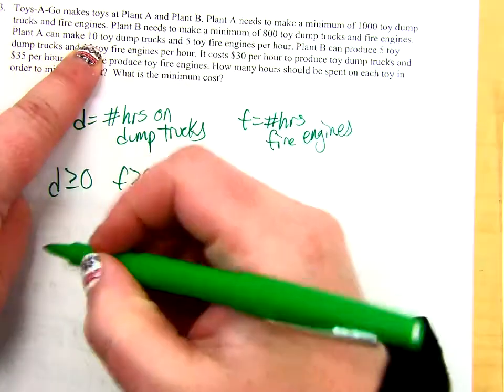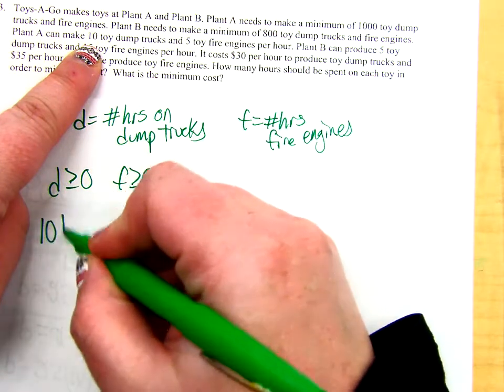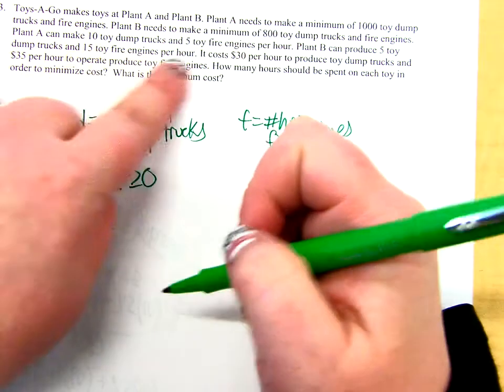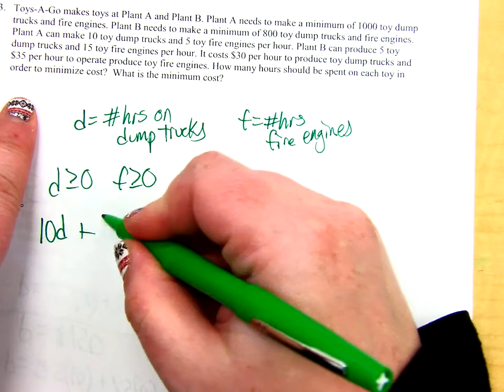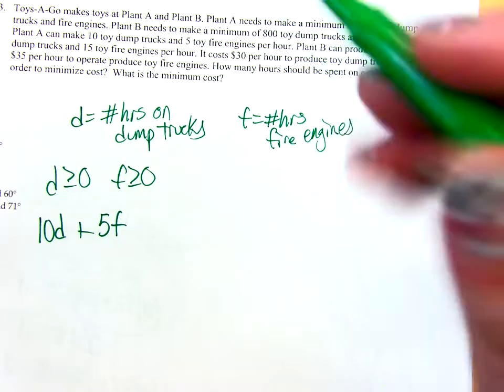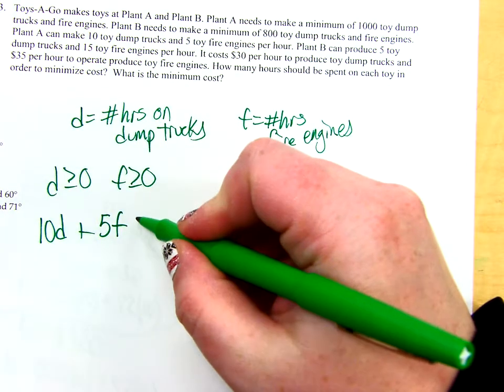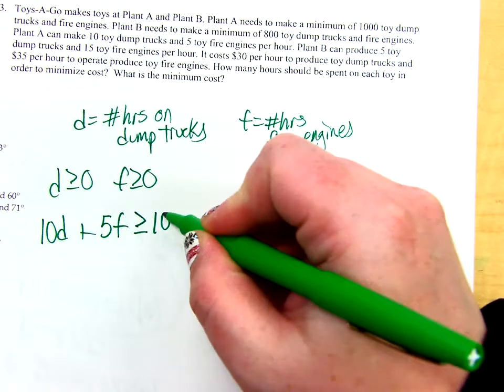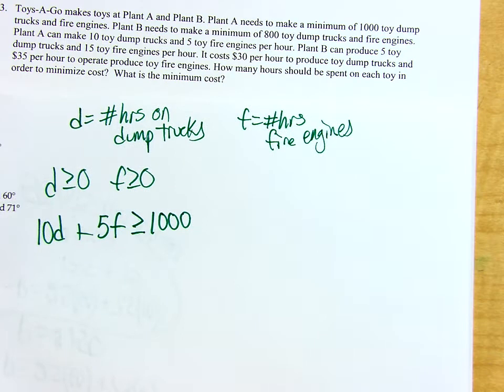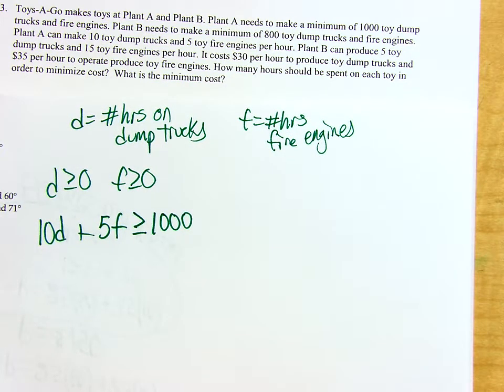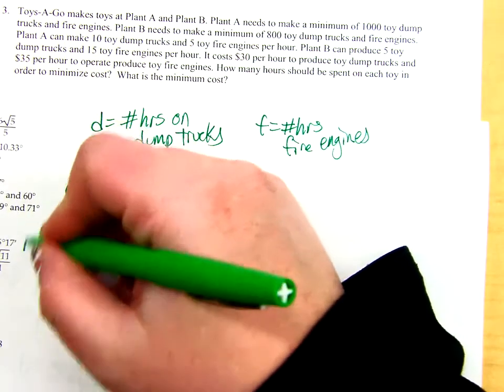Plant A can make 10 toy dump trucks, so 10D plus 5 fire engines, and they need to make a minimum of 1,000. So I need this to be greater than or equal to 1,000. Does that make sense? So there's Plant A.